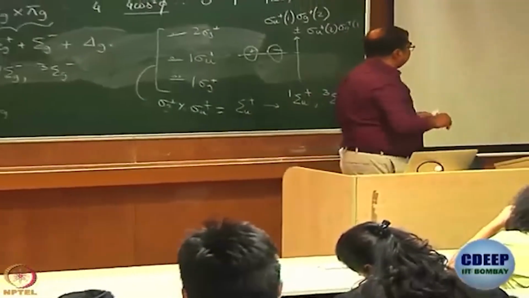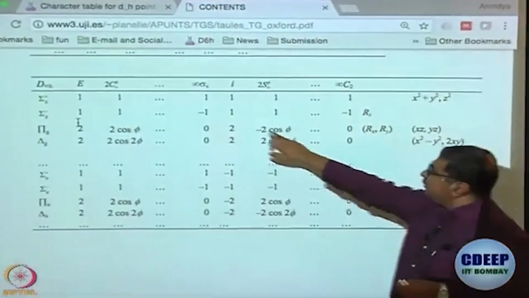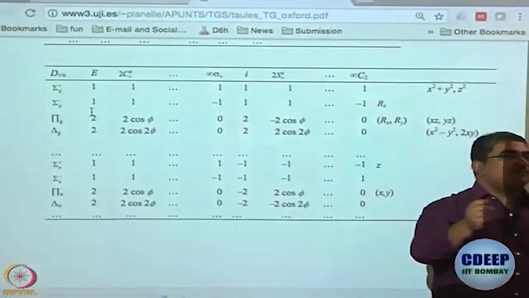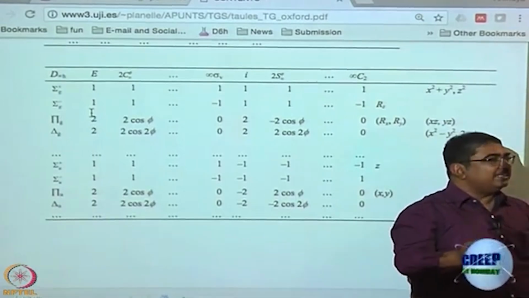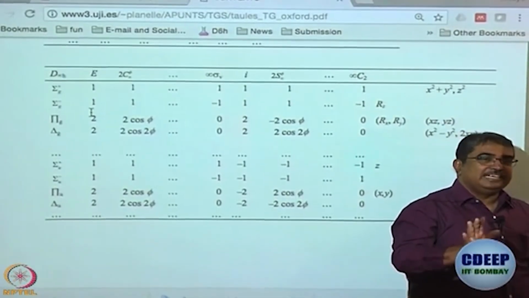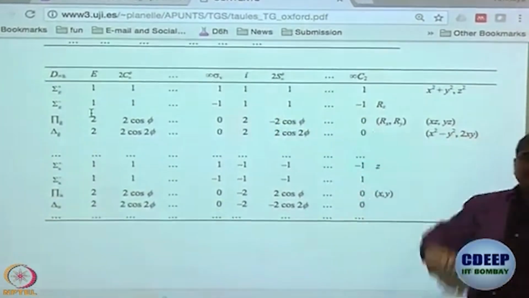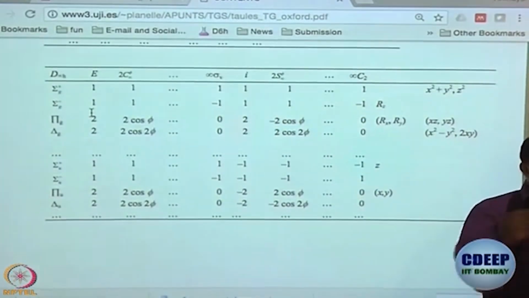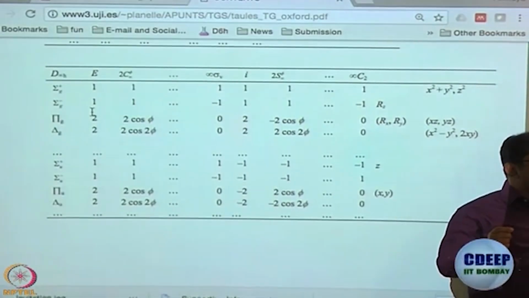If you look at the characters, you cannot use I, you have to think of operations that cause an exchange, and if any of these operations have a character of minus 1, then it is antisymmetric. So, I is plus 1, no problem. What about C2? C2 causes an interchange, right.